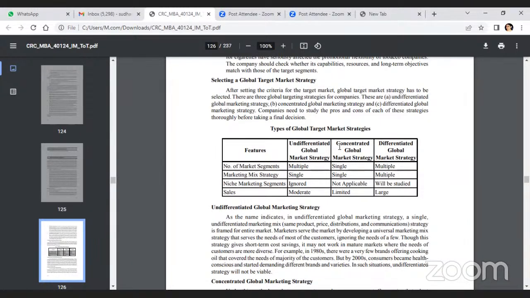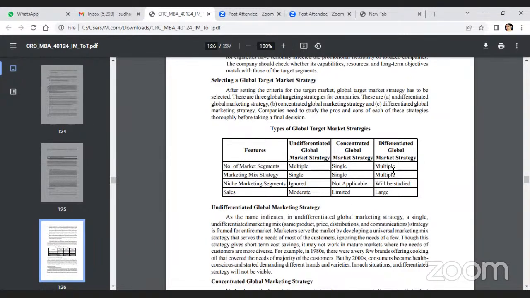In case of concentrated global marketing strategy, you will have only a particular segment because you are concentrating on it. Say your cosmetics are only for aging women, then you will have only that age group segment. Marketing mix strategy will be one only. Niche marketing, no problem, already you are concentrated. Sales are limited because yours is a small group. Out of 100 women, you are selecting only aging women above 40, so you will have limited people.